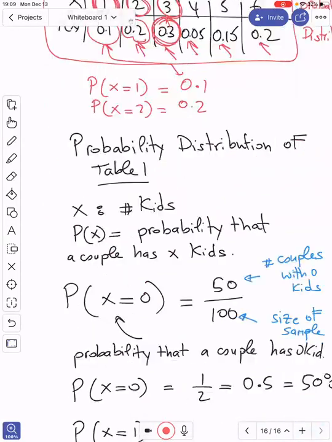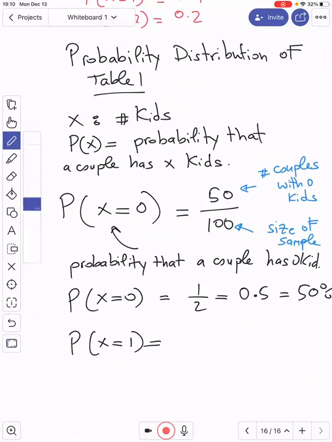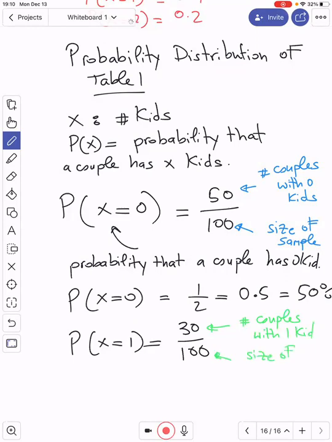The 30 is the number of couples with 1 kid, and 100 is the size of the sample. I hope you see how it works, right? So the probability that X is equal to 1 is 0.3, or 30%.